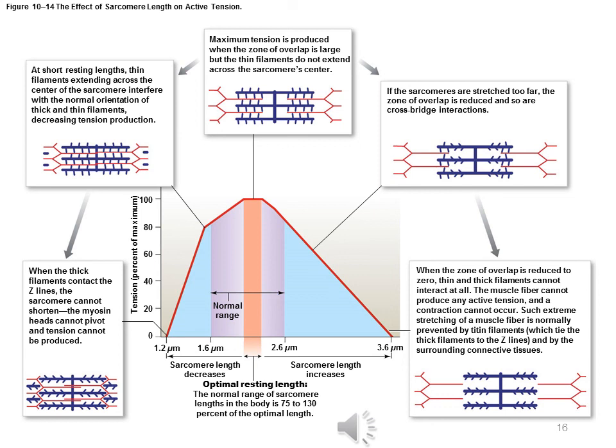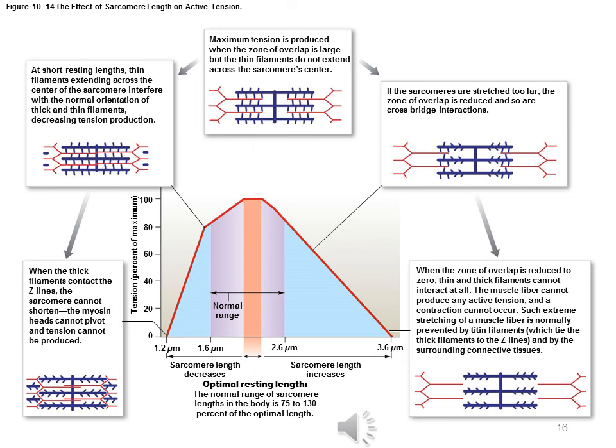You can go the other side and see what happens if you have too much tension and you've got this contracted muscle. Then you cannot get any tension because you can't go any further. So at short resting lengths, which means you didn't get to the full resting length, you're going to start to contract before you have optimal resting length obtained.